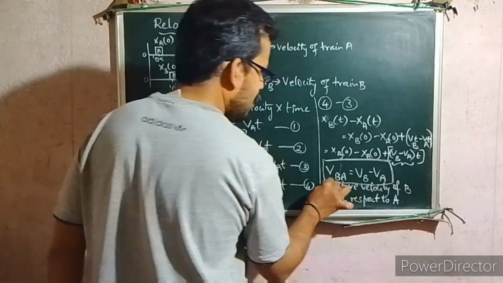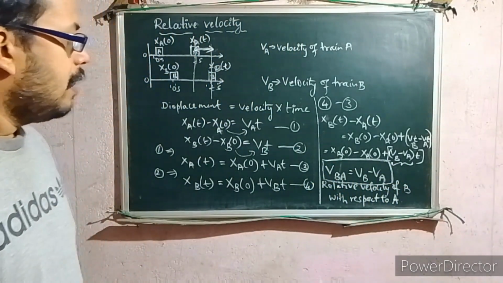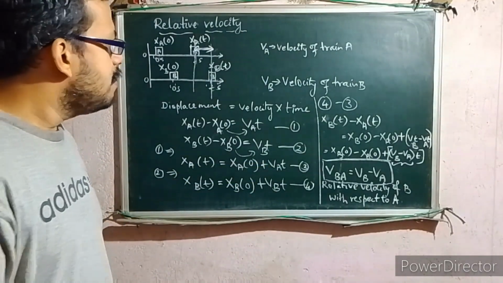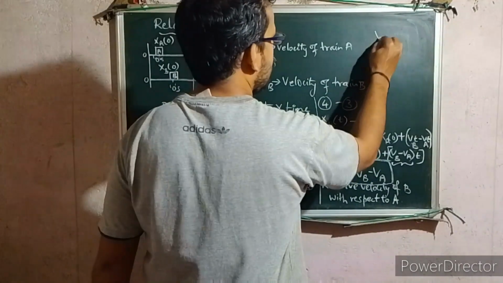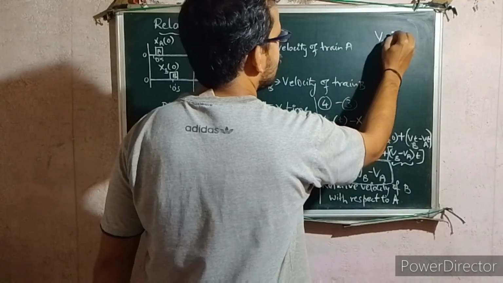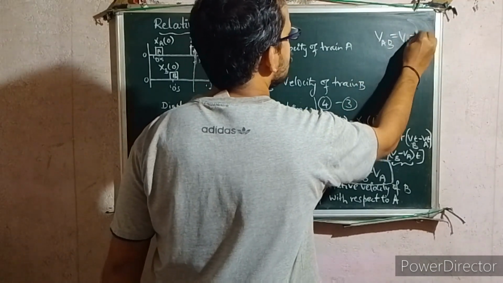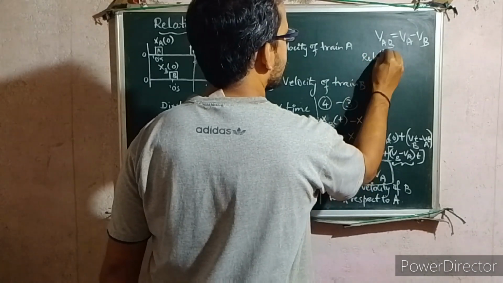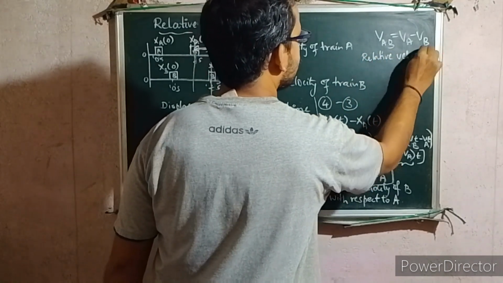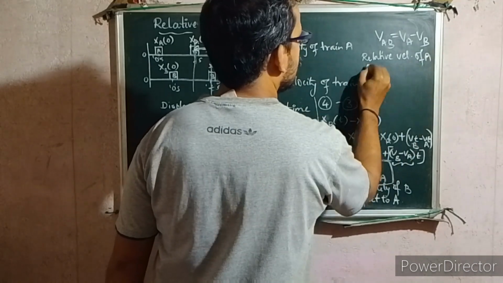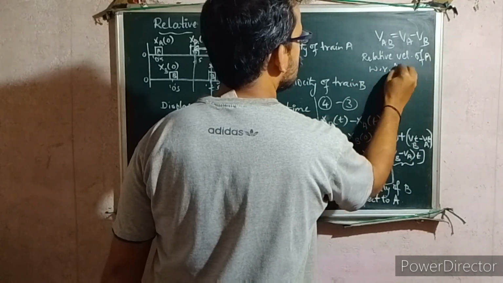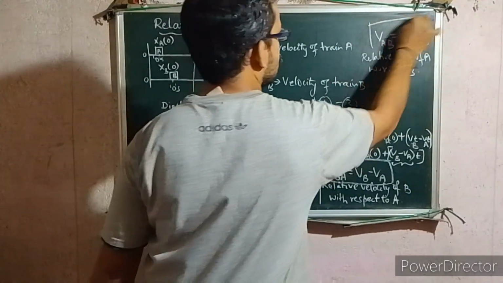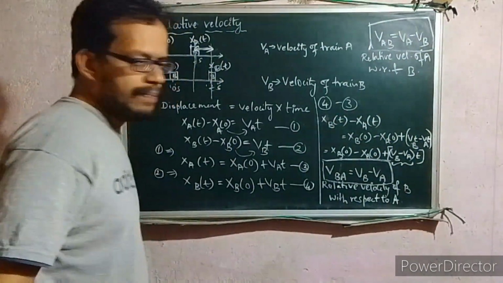Similarly, if you want the relative velocity of A with respect to B, we can write it as VAB, that is equal to VA minus VB. This is the relative velocity of A with respect to B. So these two are the equations we got for relative velocity.